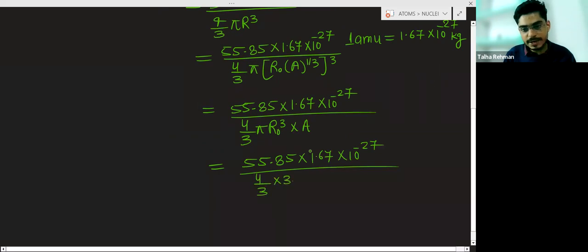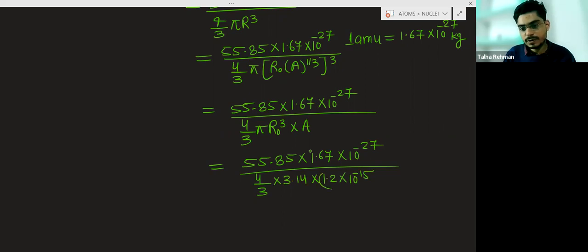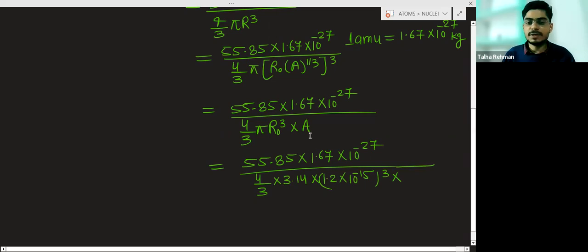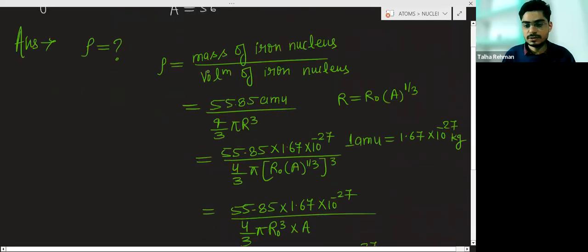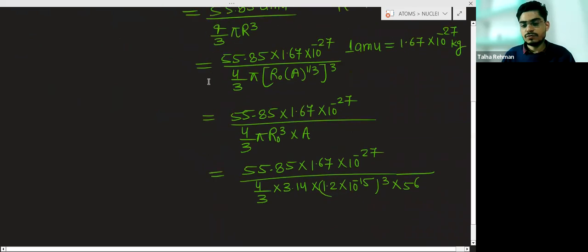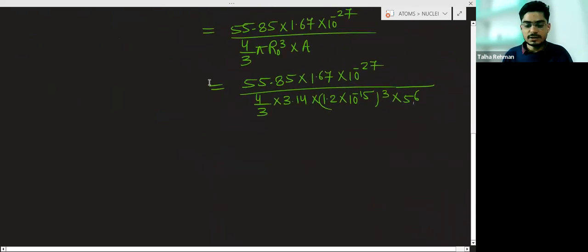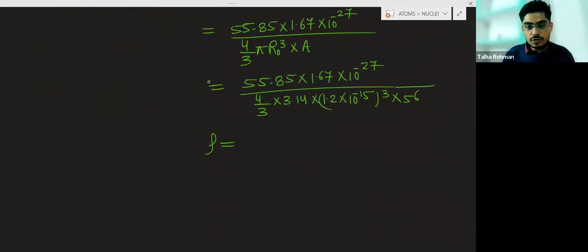Put the value of pi as 3.14, r naught as 1.2 into 10 to the power minus 15, cubed, and mass number A is given as 56. So finally, you will get the density of the iron nucleus as 2.2 into 10 to the power 17 kg per meter cube.